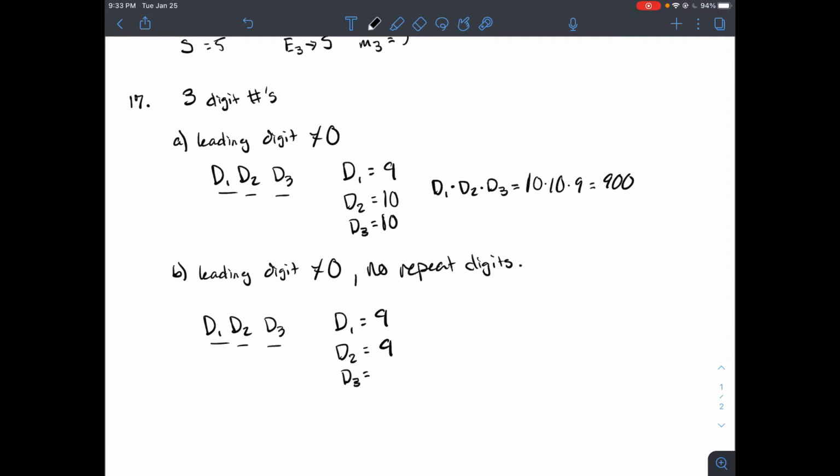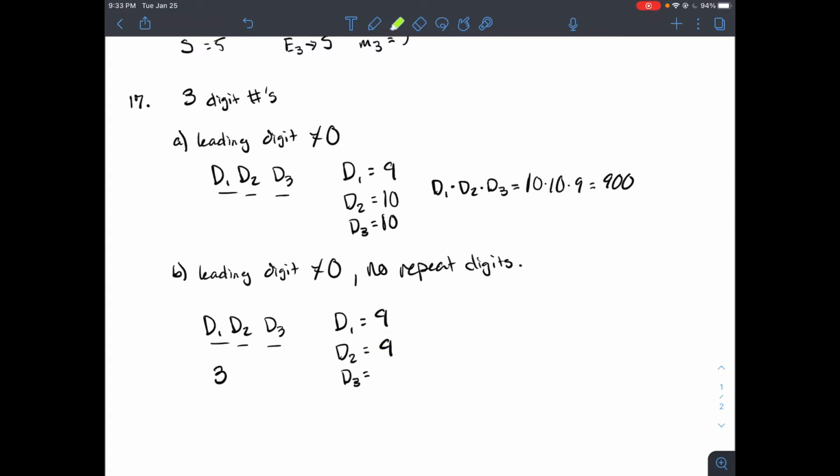So D2 is also 9. For example, if our first digit is 3, then D2 can be 0, 1, 2, not 3, 4, 5, 6, 7, 8, 9.